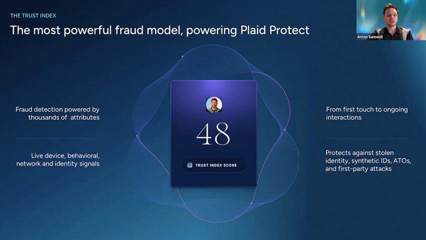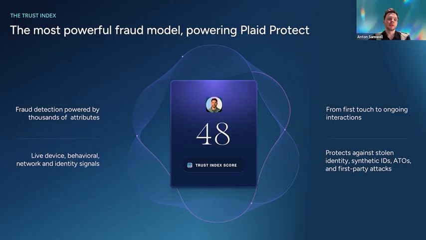The trust index is the scoring system behind Protect. It has thousands of attributes, device signals, behavior patterns, identity signals, and it starts from the moment the user onboards to your app, and it picks up additional information as we observe more activity, both from your app and from the broader network.